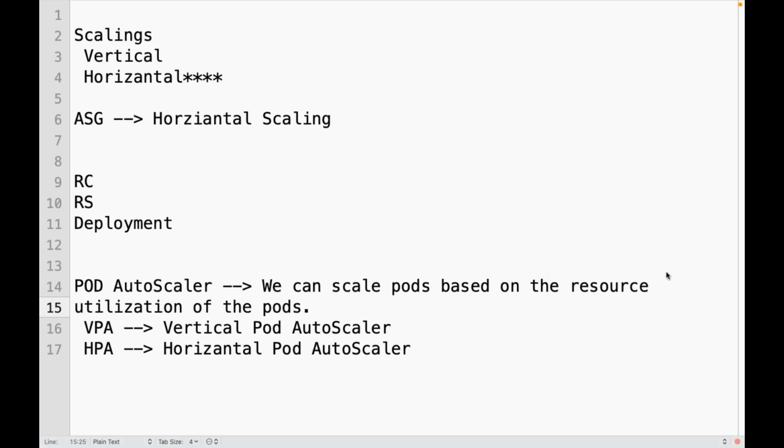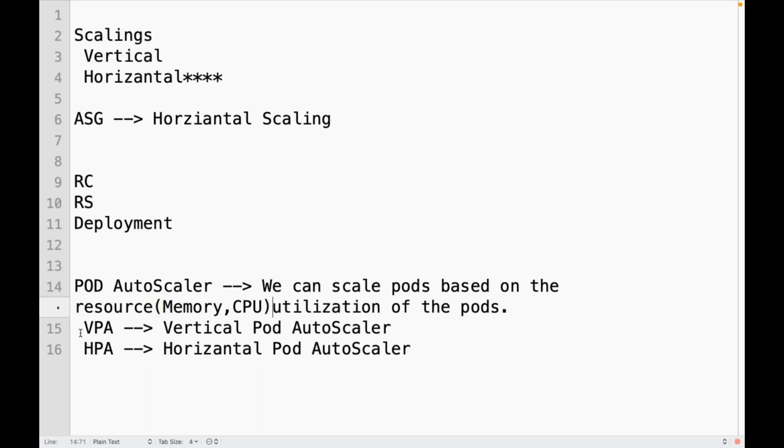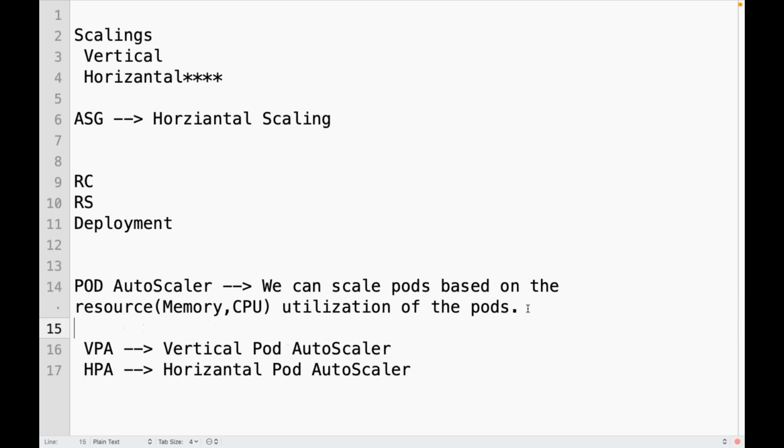It is memory and your CPU. Whenever there is a lot of load on your application, will CPU and memory utilization go high? If a lot of people start accessing your application, either memory utilization or CPU utilization will go high.